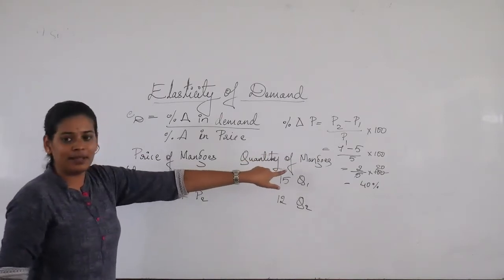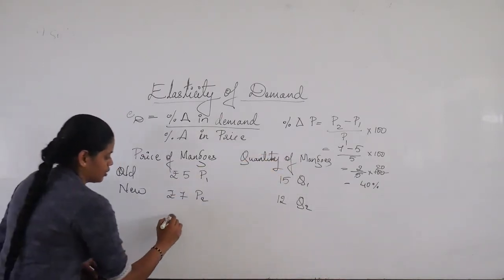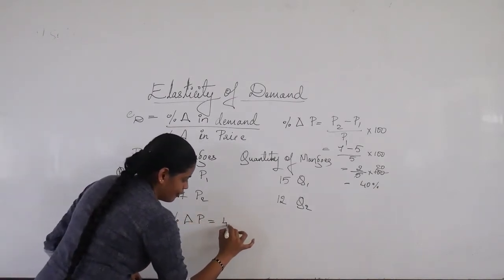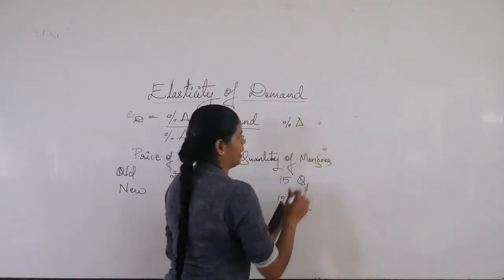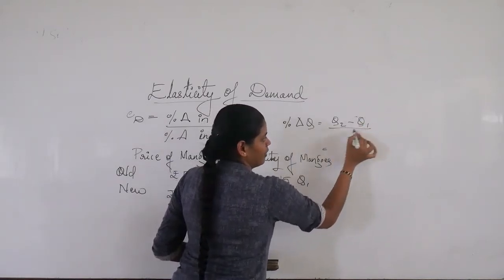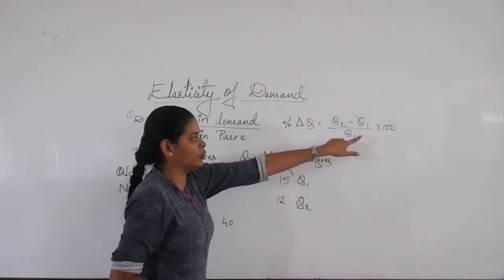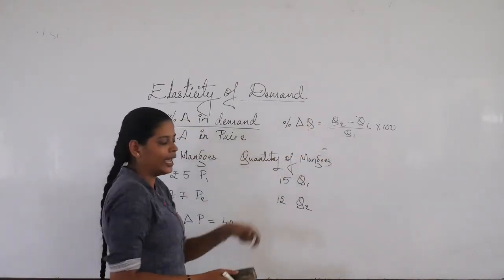We calculate similarly for the quantity. Now we have got the percentage change in the price as 40, so we'll calculate the same for the quantity. Q2 minus Q1 divided by Q1 into 100. Again we multiply by 100 because here also we are calculating the percentage change in the quantity.